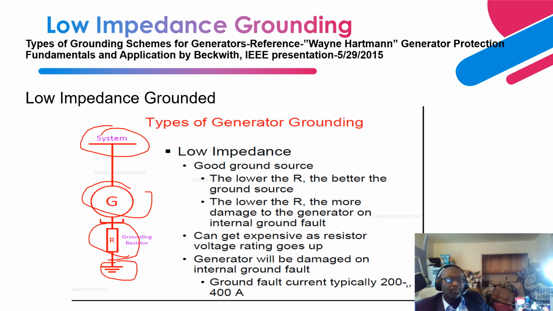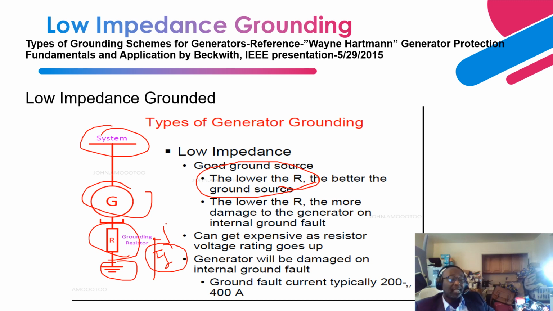The choice of the resistance value is an optimization. If you have a lower resistance, a good amount of fault current will flow. You also have to be careful in the choice of resistance, because a higher fault current can lead to more damage to the generator.